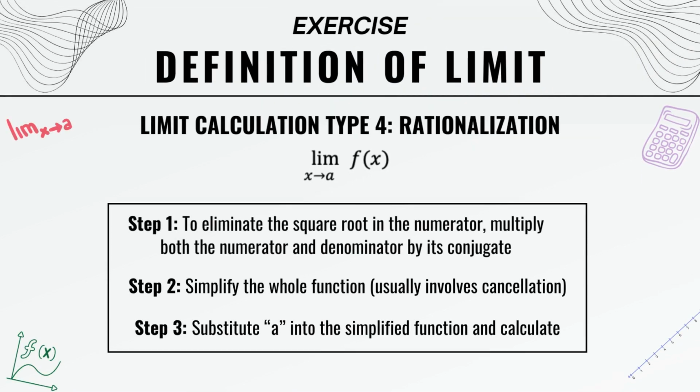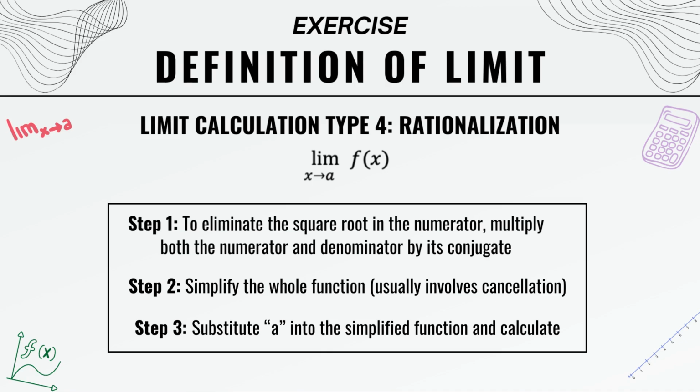The final type of limit calculation that I think you most likely encounter is rationalization. For some functions that involve square roots, rationalizing it will help you to avoid the indeterminate form. First, to eliminate the square root in the numerator or denominator, or both, depending on which contains the square root, multiply both the numerator and denominator by its conjugate.